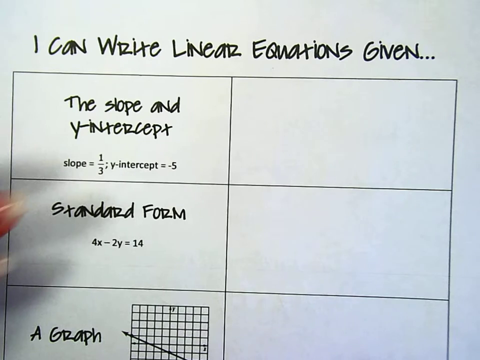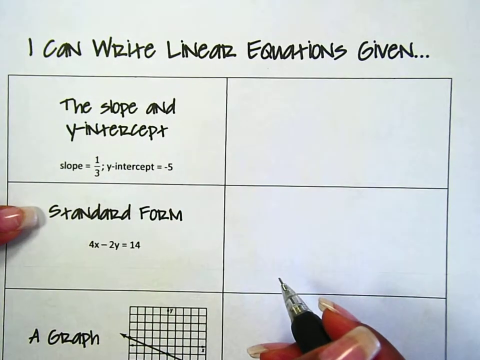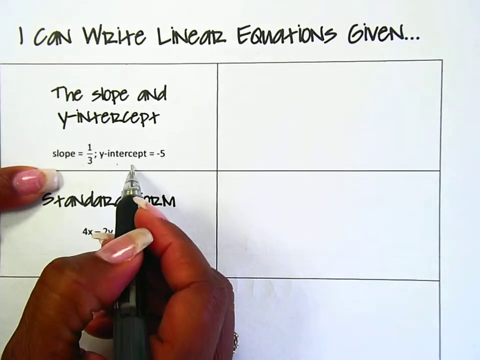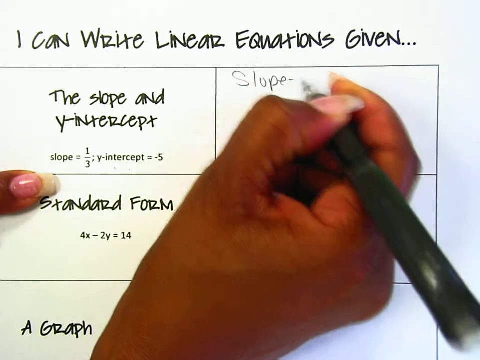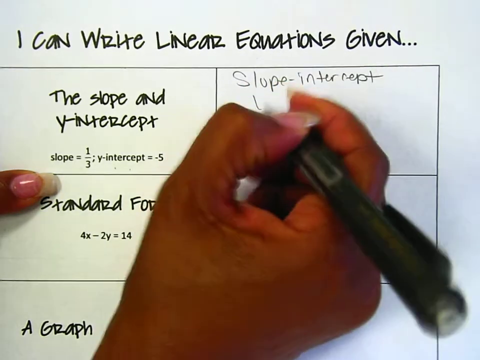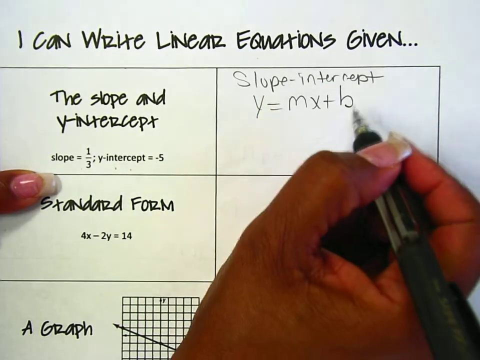Okay. So with that being said, let me turn back over and give you some nice little notes of how to write a linear equation given the slope and y-intercept. So they gave me the slope and y-intercept. I'm going to use the slope intercept form, y equals mx plus b, b being the y-intercept.